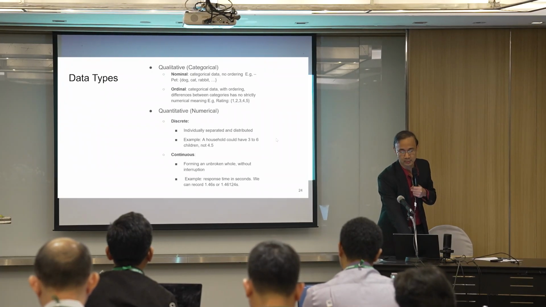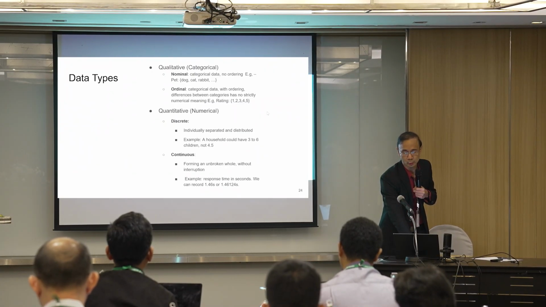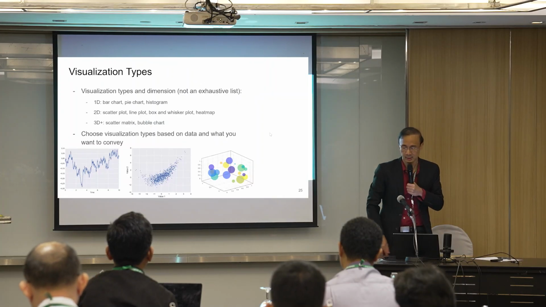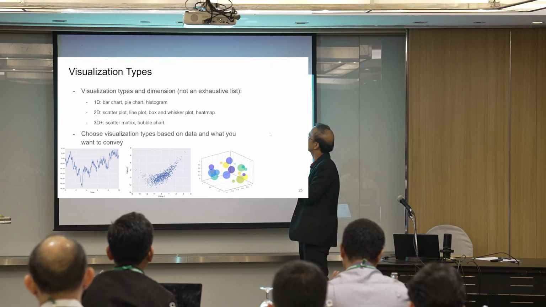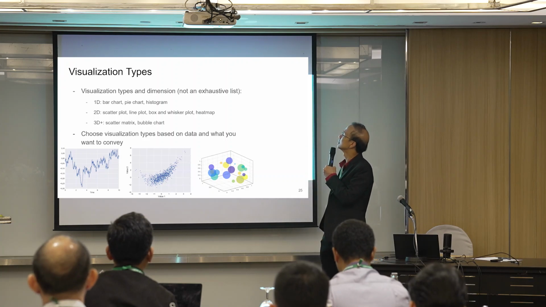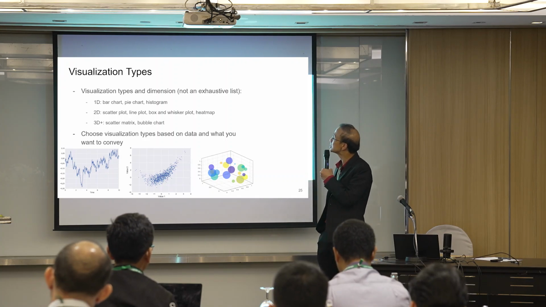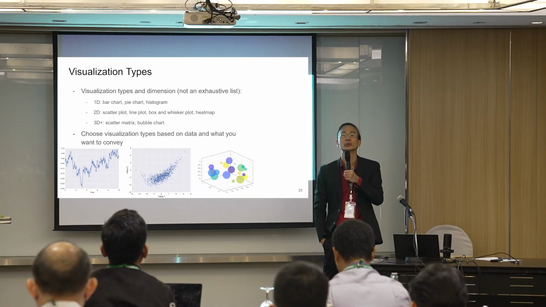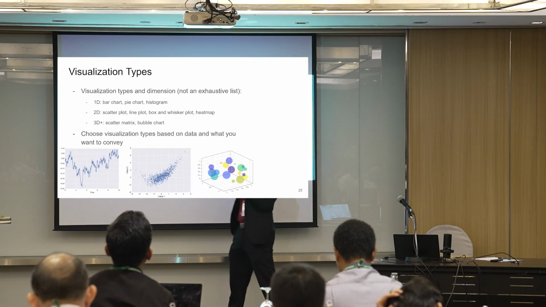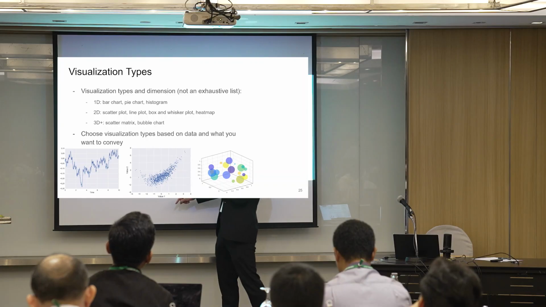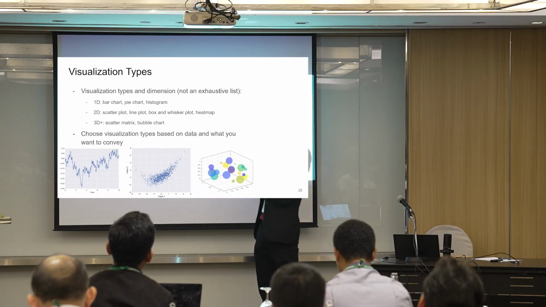Right, it can be separated into discrete and continuous. Of course, if we talk about visualization type, we can categorize as 1D, one-dimensional, 2D, or 3D, or 3D plus. Okay, some visualization types, for example line chart, scatter plot, or even 3D.